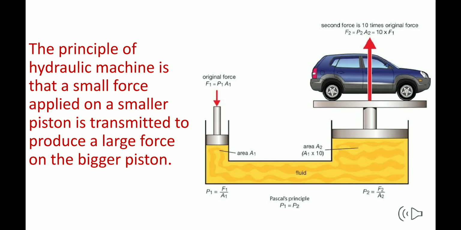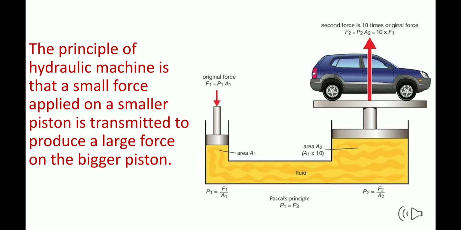Okay, now we have one piston to apply force over there, and on the other piston we have a motor car kept on it. Okay, now we come to the first piston on the smaller area. So from there we have applied a force over there. So original force has been applied from here.